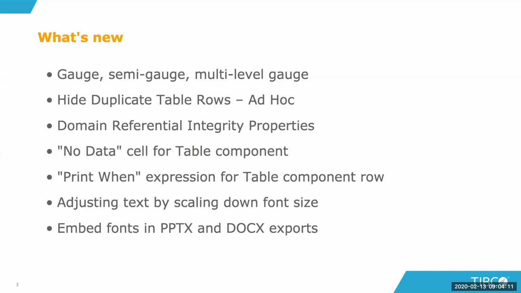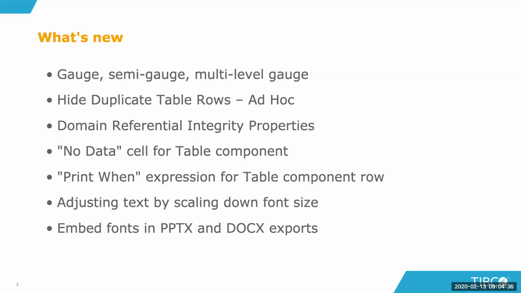and they are used in a view or inside a report. And then the specific changes inside the Jasper Reports library, which is the introduction of a special no data cell to be used in table components. Another improvement to the table component is the print when expression for hiding entire rows.